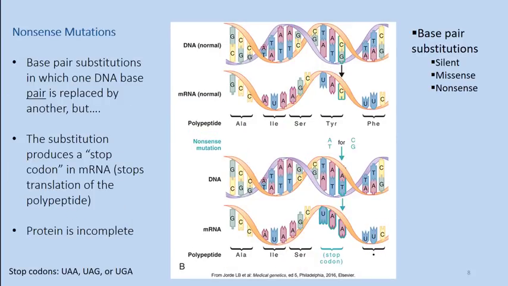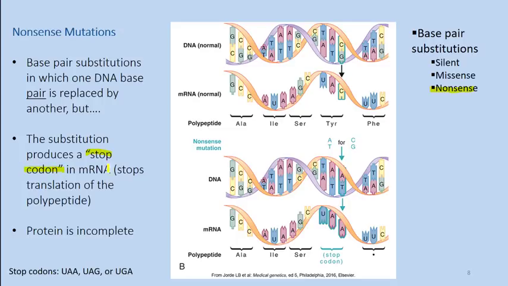Now, in the next example of base pair substitutions, we're talking about nonsense mutations. And nonsense mutations involve where one base pair is replaced by another. So very similar to what we just spoke about. However, this substitution ends up producing what's called a stop codon.